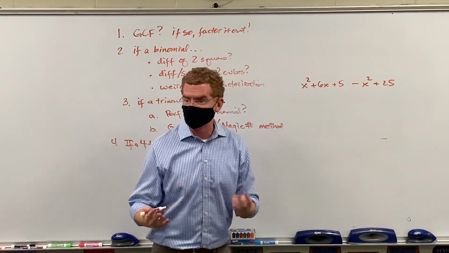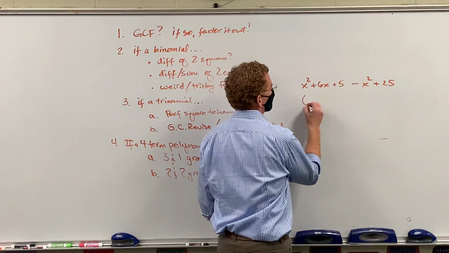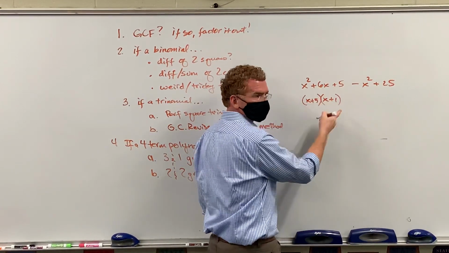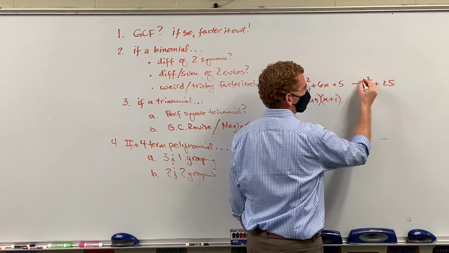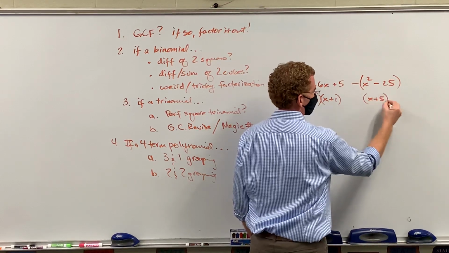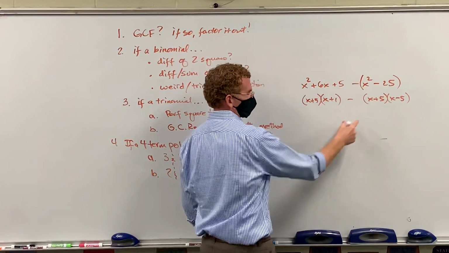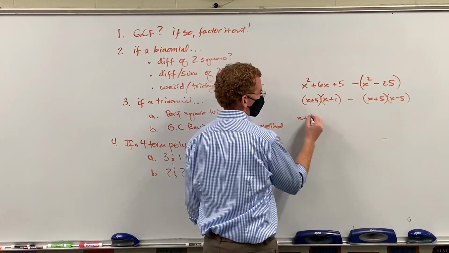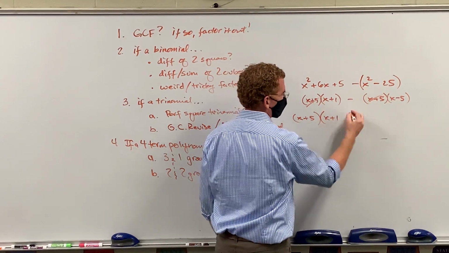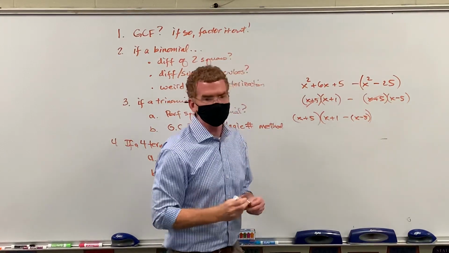So I'm a little desperate here, but assuming it is technically an unsimplified 5-term, if I factor this into x plus 5, x plus 1, right? And then if I pulled a negative out of this, this would factor into x plus 5, x minus 5, with the negative there. And then look, I could factor out an x plus 5. And when I factored it out, I would have an x plus 1 minus an x minus 5 left.